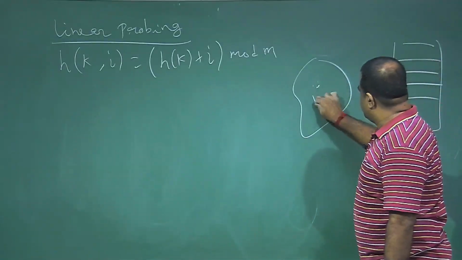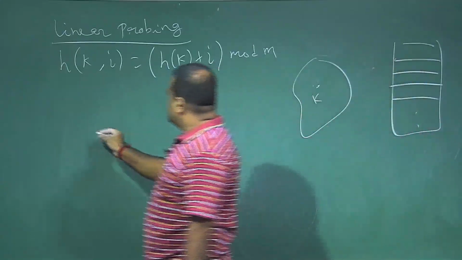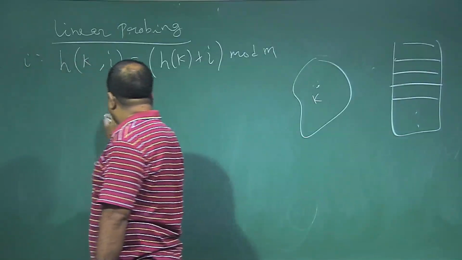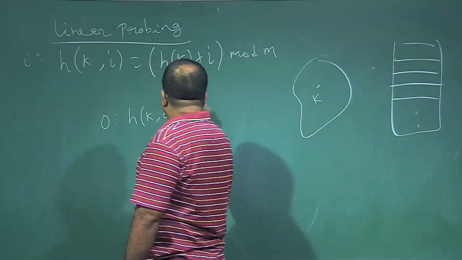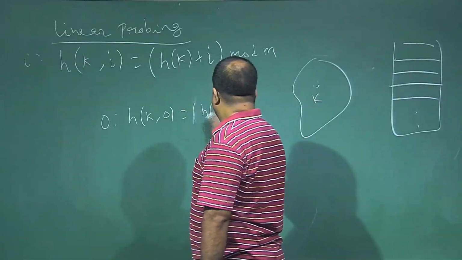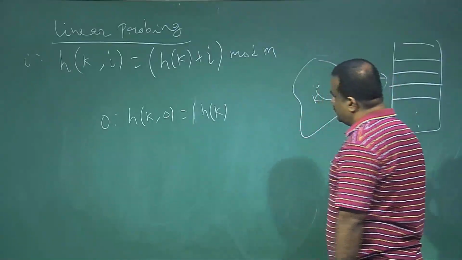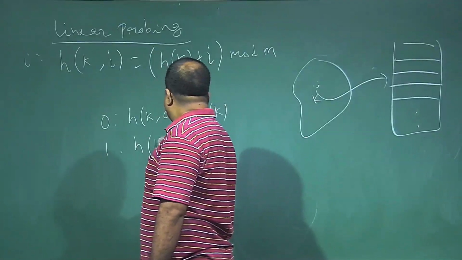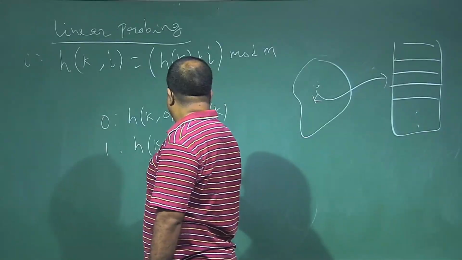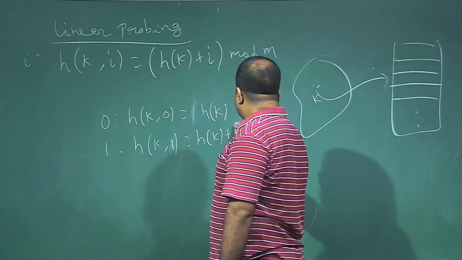We have a key, so we apply the hash function h on it. For the 0th probe, we are just applying h of k mod m. If it hits a slot that is not free, not empty, then we go for the next probe, which is h of k plus 1 mod m.